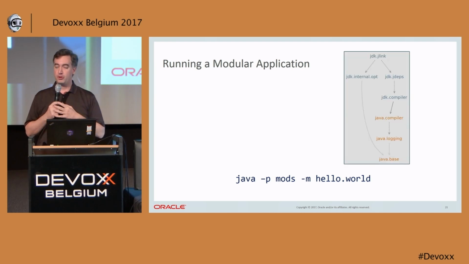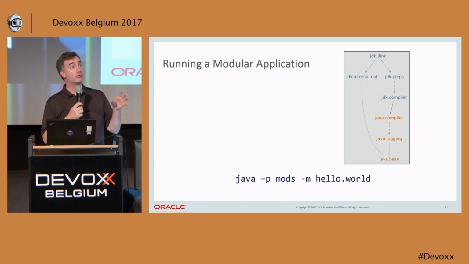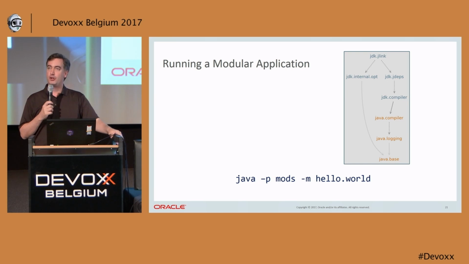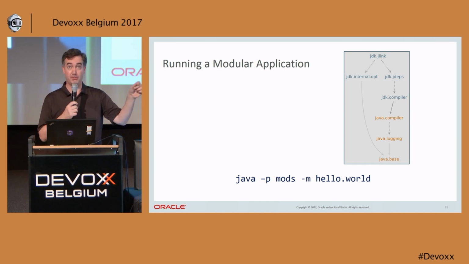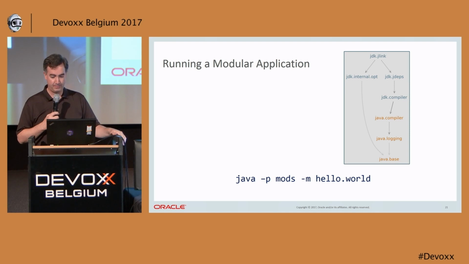The key point about modules requiring each other is that the module system can check the requirements and validate that a modular application is sound. Once the compiler or runtime has found that initial module, -m helloworld, in the system image or on the module path, the module system performs a process called resolution.